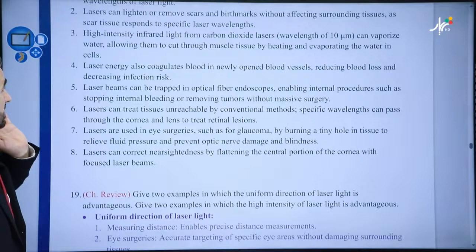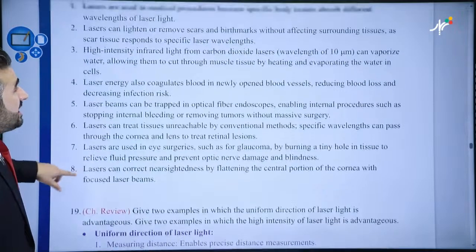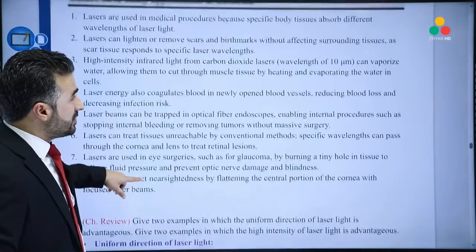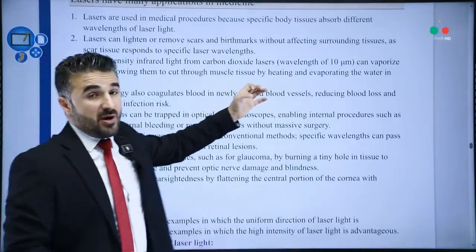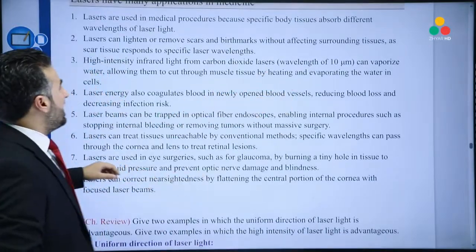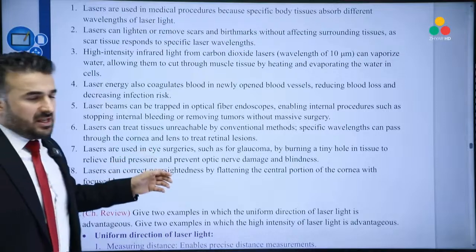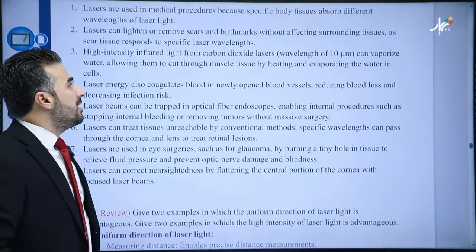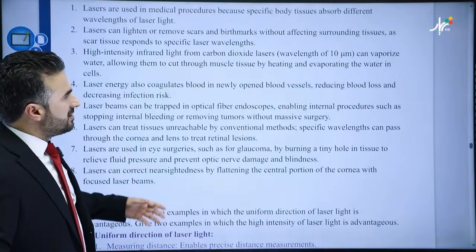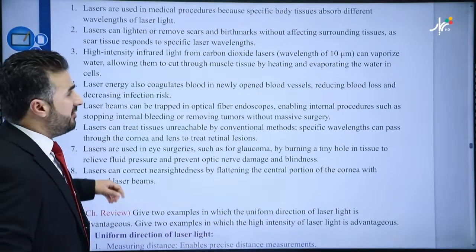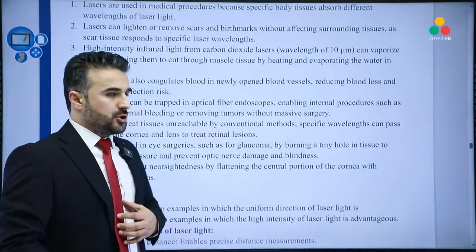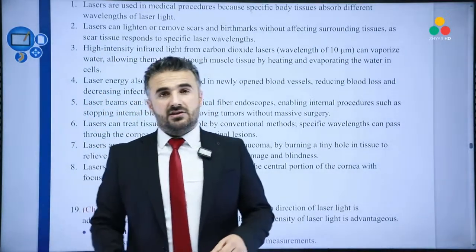Now, the third one: high-intensity infrared light from carbon dioxide lasers, which have a wavelength of about 10 micrometers, can vaporize water. This allows them to cut through muscle tissue by heating and evaporating the water in the cells.